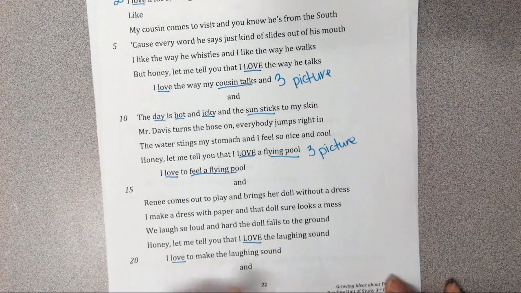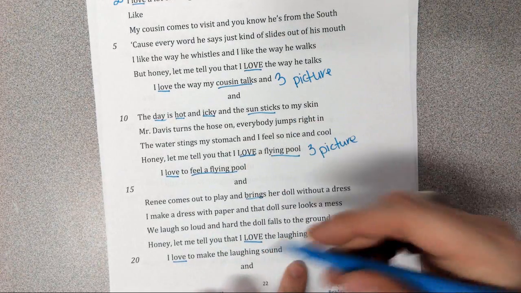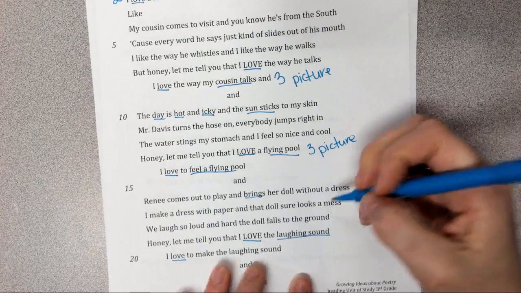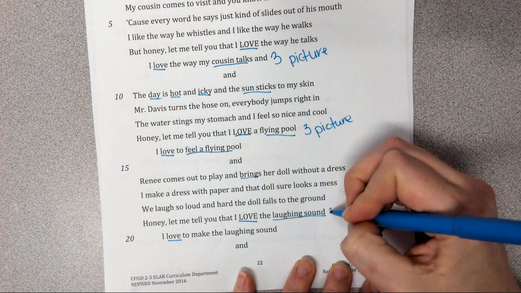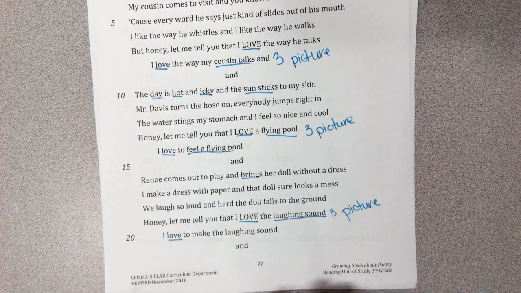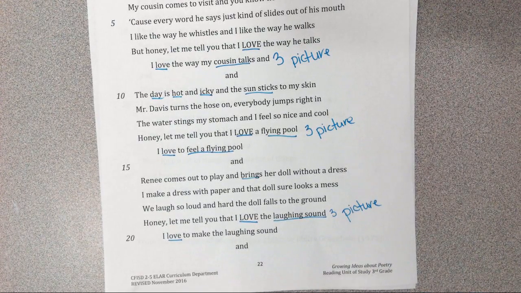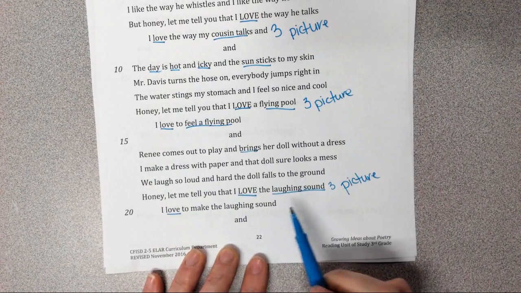They talk about making dresses for her dolls and playing with that, and the laughing sound also helps paint a picture in my head. Step 3 for the picture. So I picture a laughing sound of a child having fun playing with their dolls.